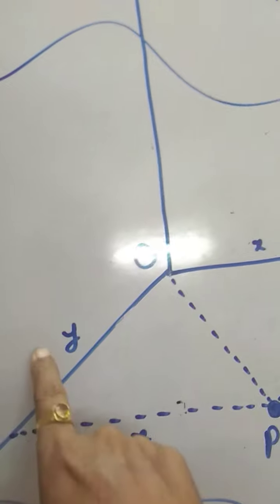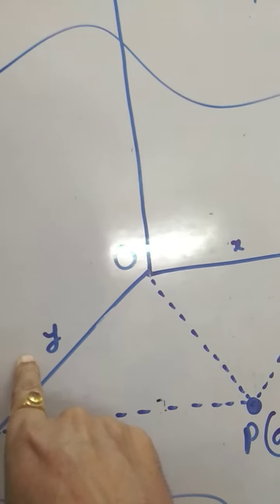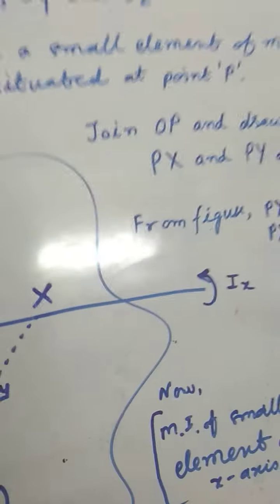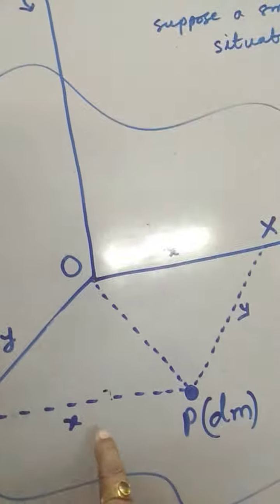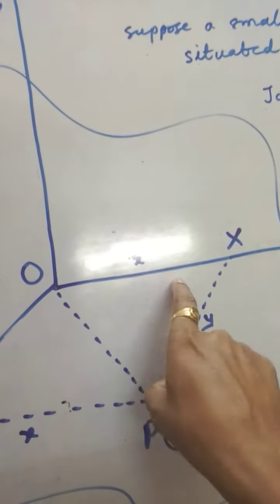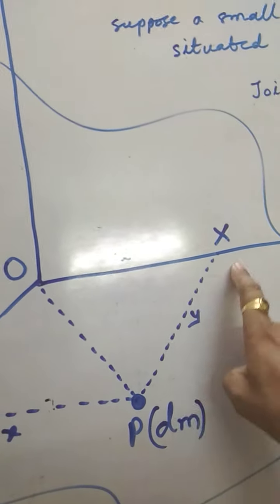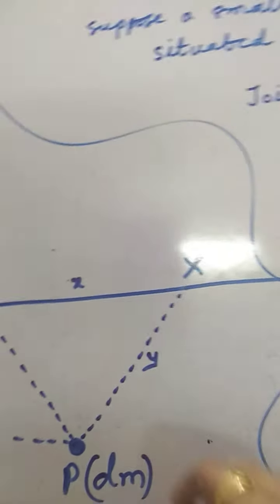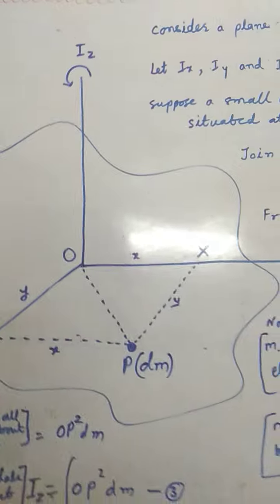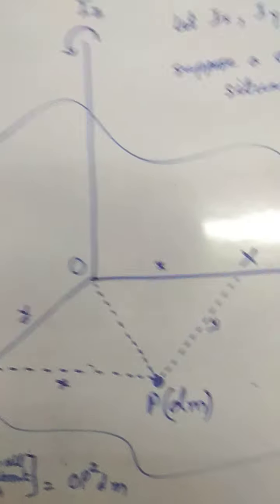OY is represented by y. So from figure we can write here PY is equal to OX, which is equal to x, and OY is equal to PX, that is equal to y. Now we have to find the moment of inertia along x-axis, y-axis and z-axis.